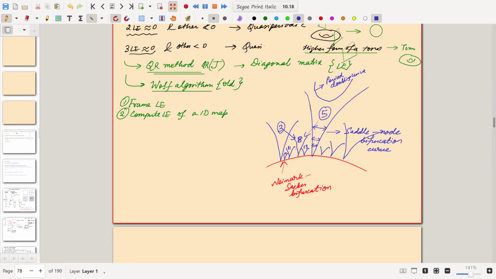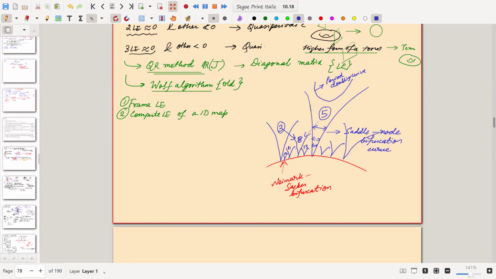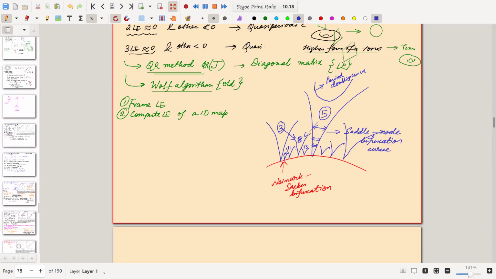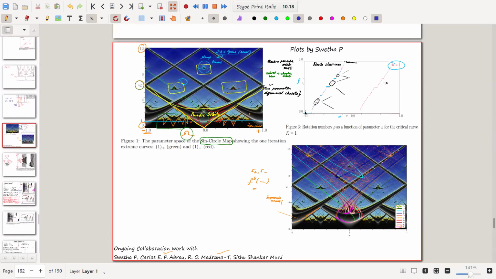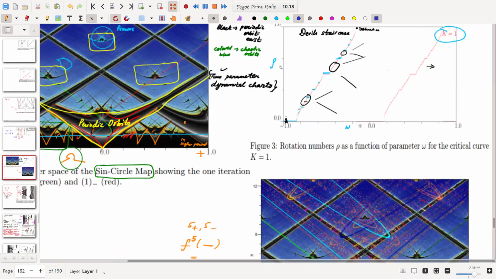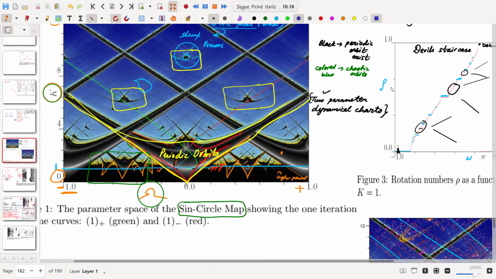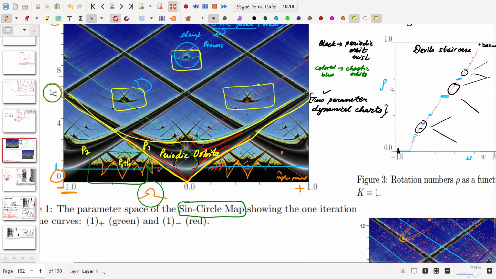So now you can better understand the diagram. Let us see. Now you can understand it better, right? See this. Suppose this periodic orbit is of period P1, this is of period P2, then this one, the black one, will be of period P1 plus P2.